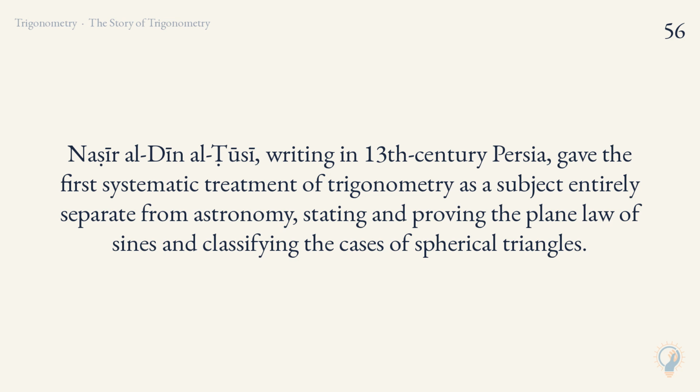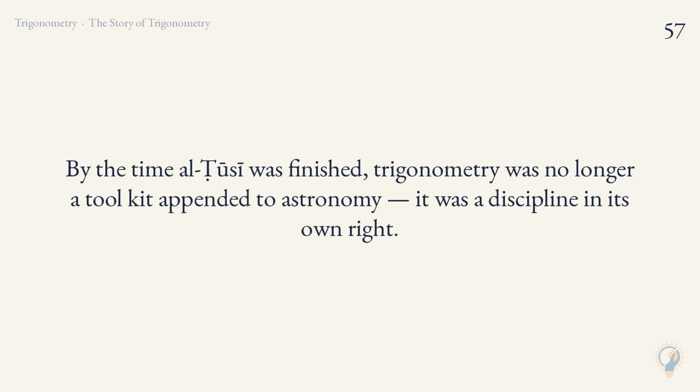Nasir al-Din al-Tusi, writing in 13th century Persia, gave the first systematic treatment of trigonometry as a subject entirely separate from astronomy, stating and proving the plane law of sines and classifying the cases of spherical triangles. By the time al-Tusi was finished, trigonometry was no longer a toolkit appended to astronomy. It was a discipline in its own right.